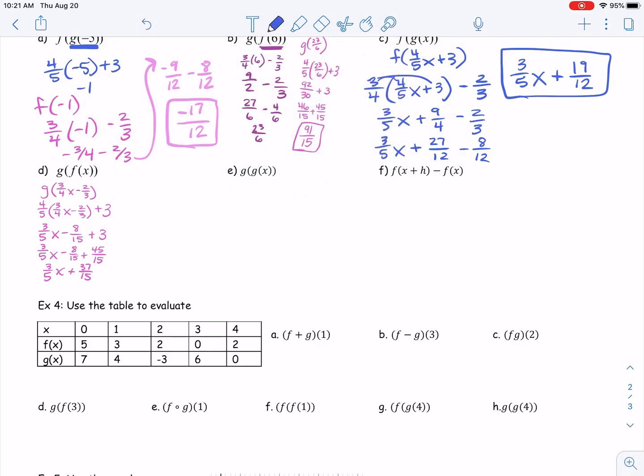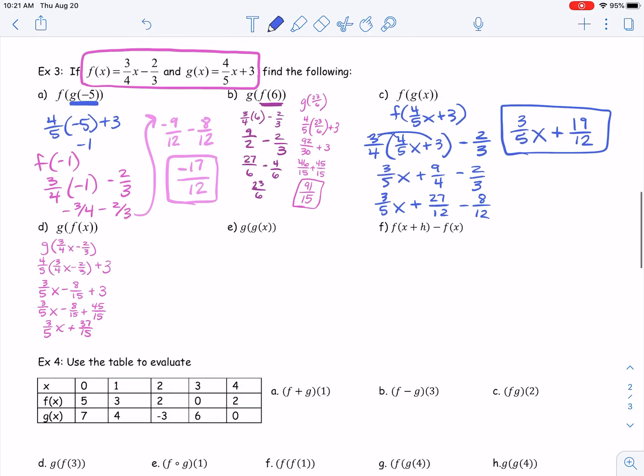All right. Now the next one looks a little weird. We're actually putting g of x inside of g of x. So I want g of 4/5 x plus 3. So I'm going to do 4/5 of 4/5 x plus 3, plus 3. I know it looks so weird.